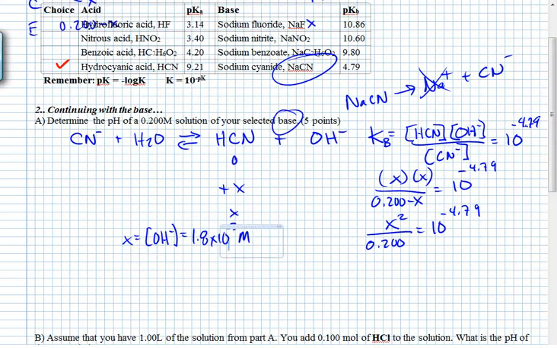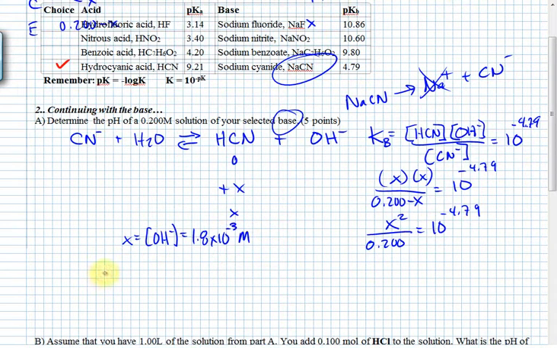The pOH of the solution, therefore, is going to be the negative log of the hydroxide ion concentration. The pOH is going to be 2.75.